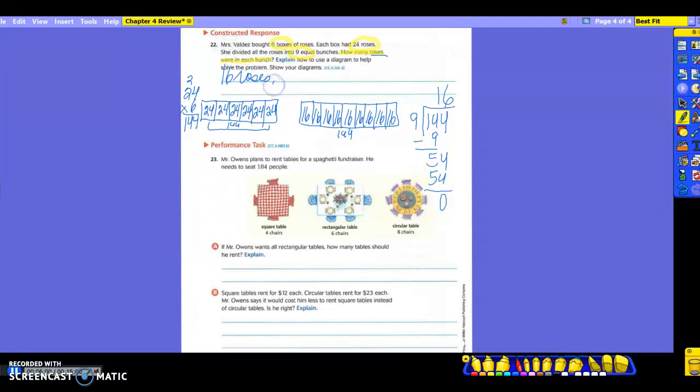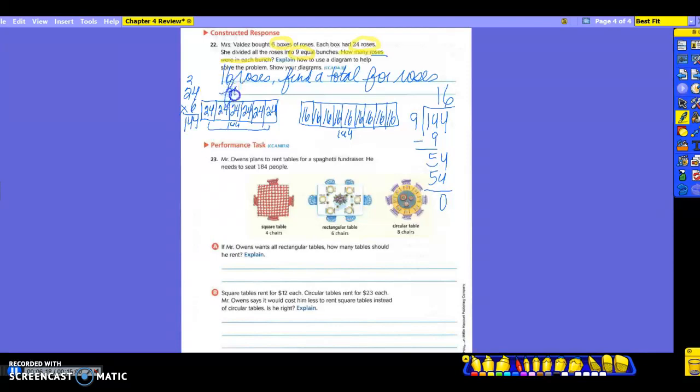So we're going to tell them our steps that we took. You're just going to say find a total of roses, because that's what our first bar model is showing, right?